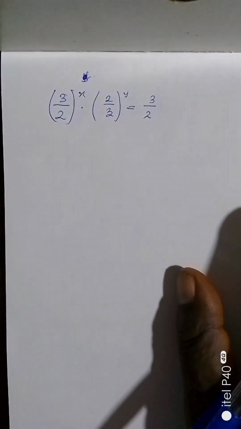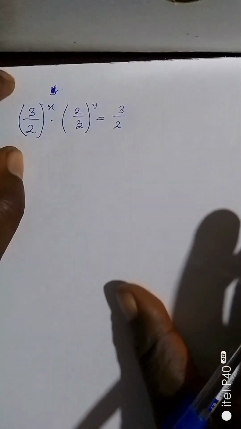I have 3 over 2 to the power of x dot 2 over 3 to the power of y equal to 3 over 2. Now I want you to take note of this fact.